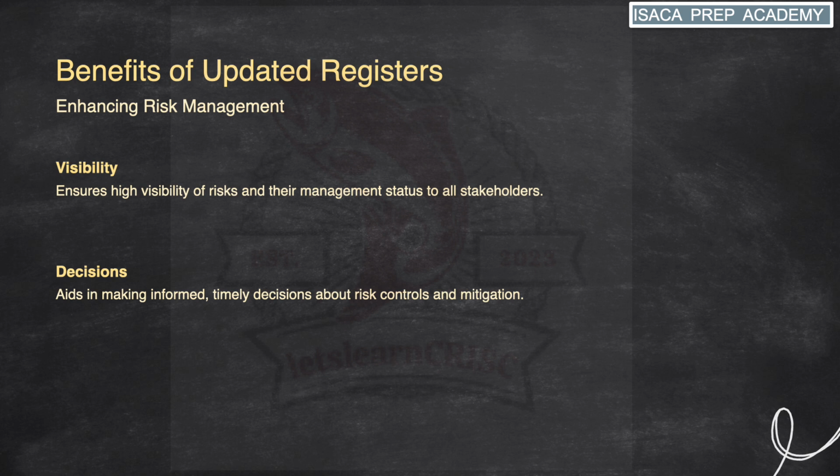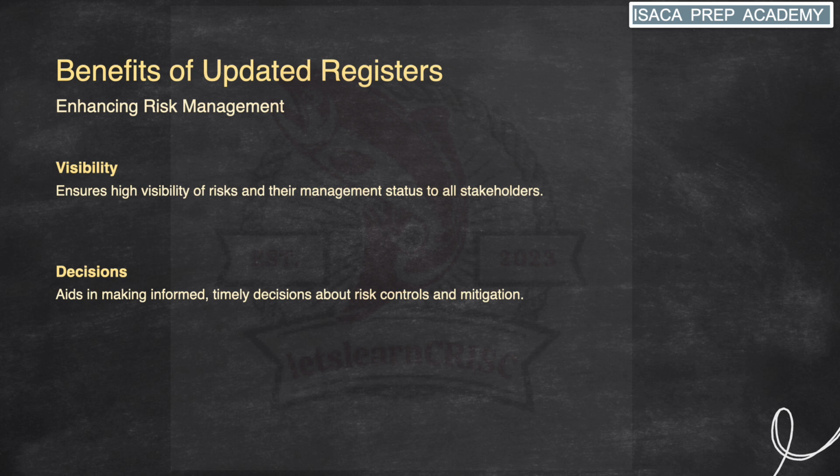This enables them to allocate resources, implement appropriate control measures, and initiate mitigation efforts in a proactive manner, reducing the likelihood of adverse outcomes and minimizing the potential impact of the risks on the organization.